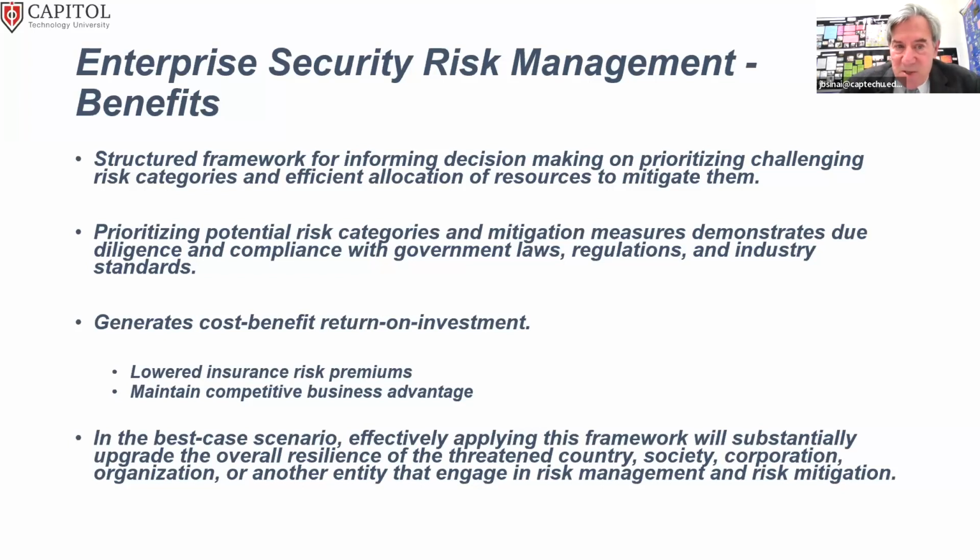It lowers one's insurance risk premiums. It also helps one to maintain competitive business advantage. And in the best-case scenario, effectively applying this framework will substantially upgrade the overall resilience of a threatened country, society, corporation, organization, or another entity that engages in risk management and risk mitigation.